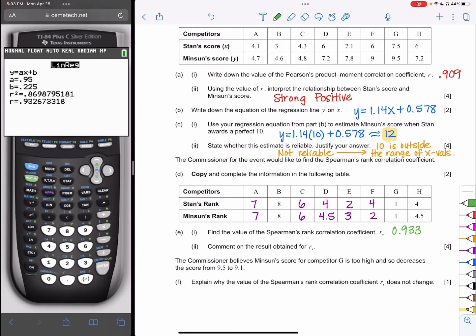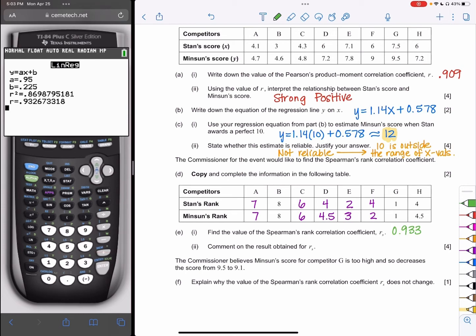So then it says that we want to comment on the result that we obtained. The purpose of Spearman's rank correlation coefficient is that we're trying to figure out whether there is a linear relationship. So because I have a 0.933, I can tell that this is a positive linear relationship, which means that Stan and Minsun strongly agree on the ranking of competitors.